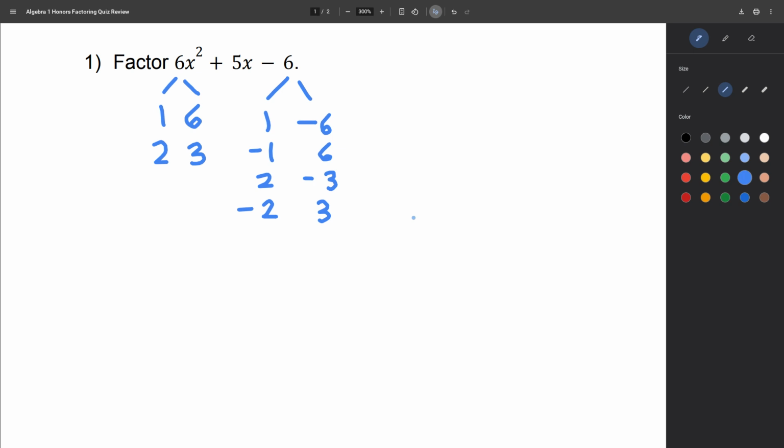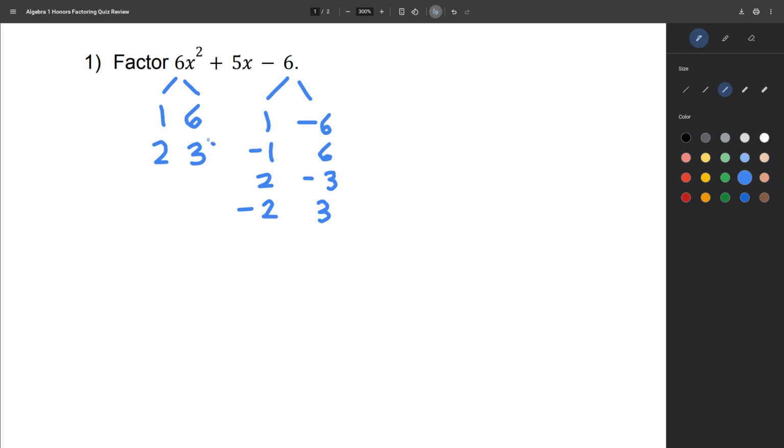Now, my goal here is to match a pair from here with a pair from here, so that the sum of the products of the pairs equals positive 5.